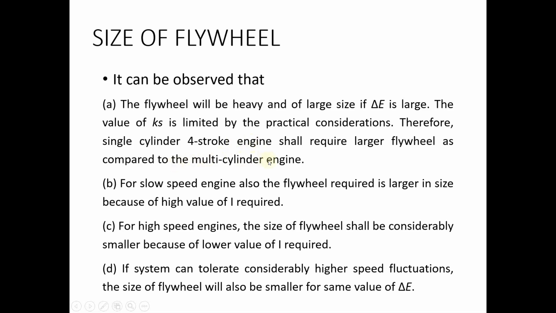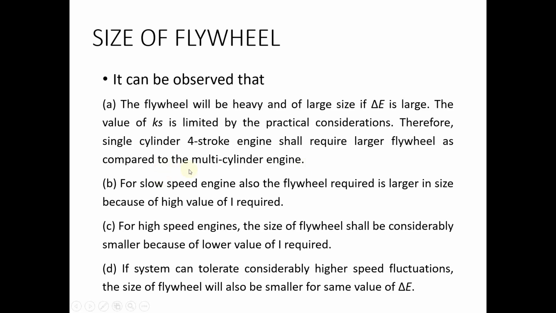Whereas in a multi-cylinder engine, since there is not much gap between the different power strokes in different cylinders, the fluctuation will be lesser. So in a multi-cylinder engine, we need only a smaller flywheel because the fluctuation of energy will be lesser.